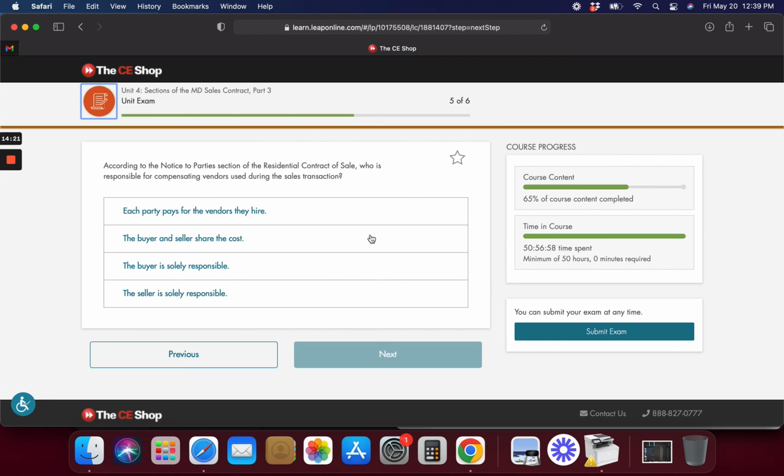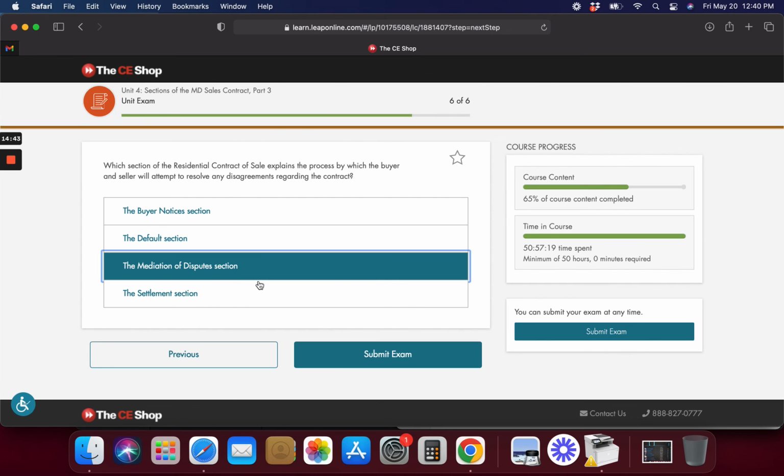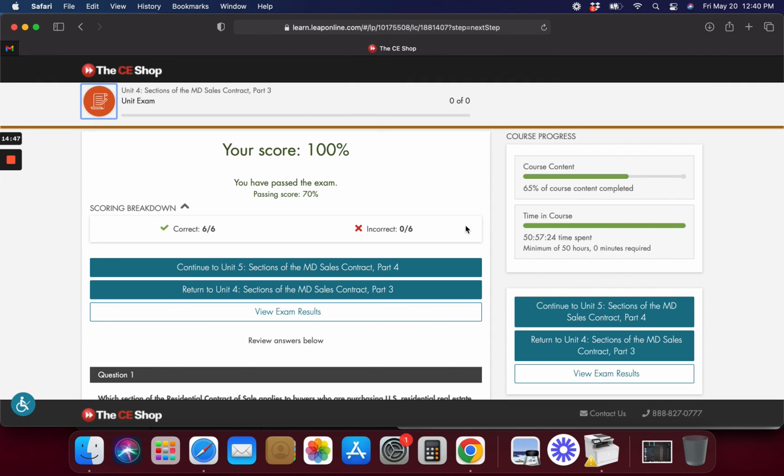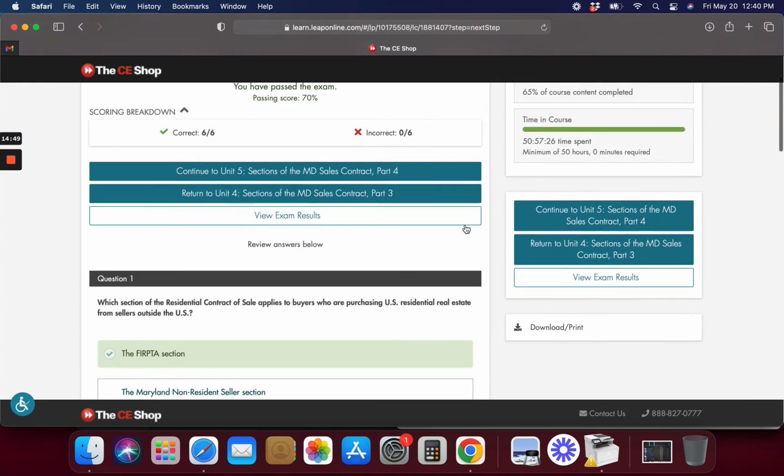According to notice of parties, who is responsible for compensating vendors during the sales? I'm guessing each party pays for the vendors they hire. Which section of the residential contract explains the process by which the buyer and seller attempt to resolve any disagreements regarding the contract? Mediations dispute section. I got them all right. Oh my God. That's a miracle.